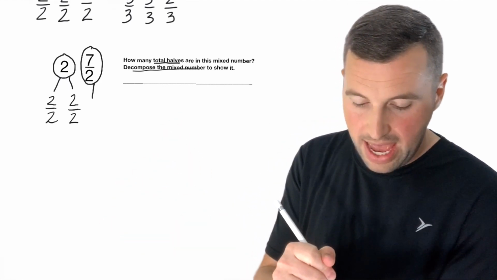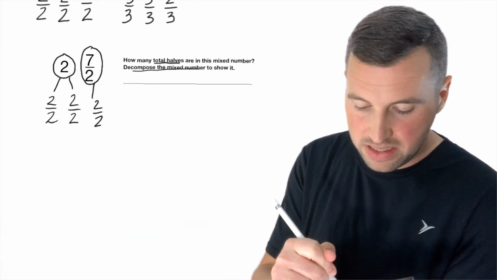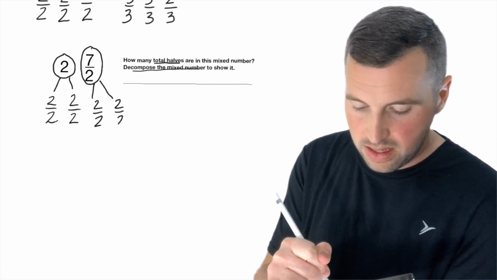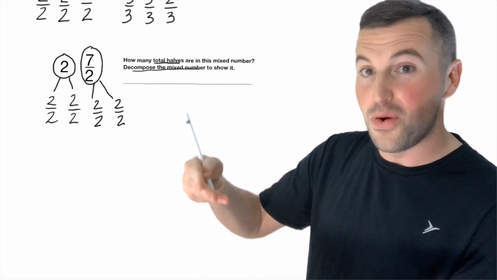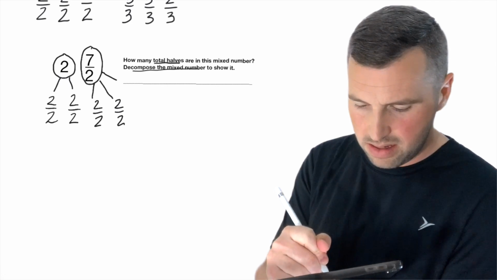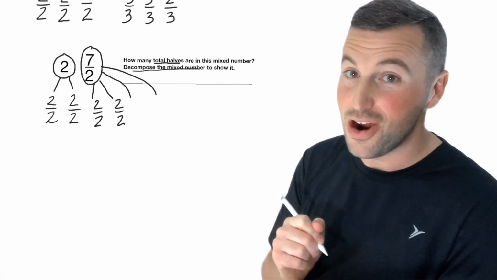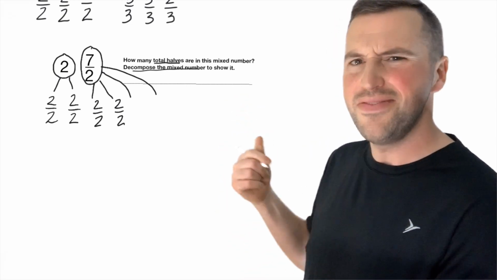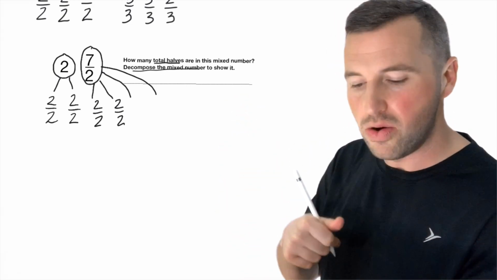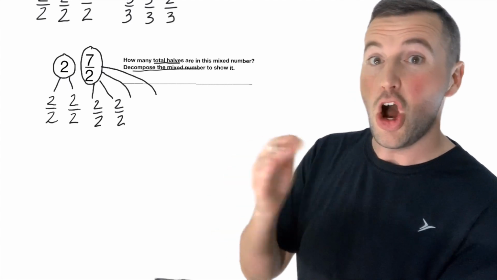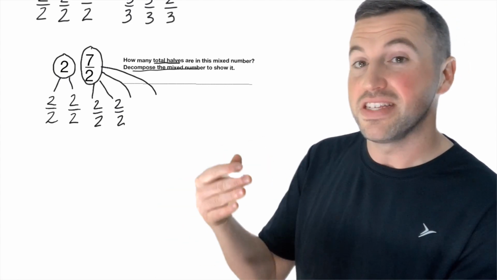Okay, but let's pull out the wholes first, then the leftovers. Okay, so we have 2 halves, 2 halves, 4 halves, and the leftover. See if you can finish that one off on your own, and then I want you to answer total how many halves there are.